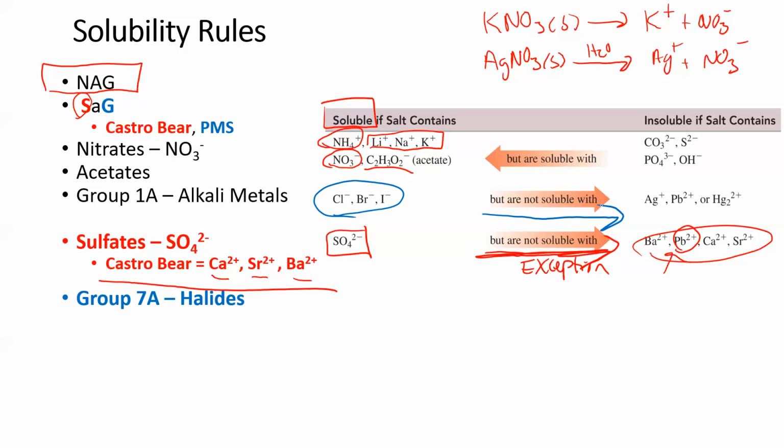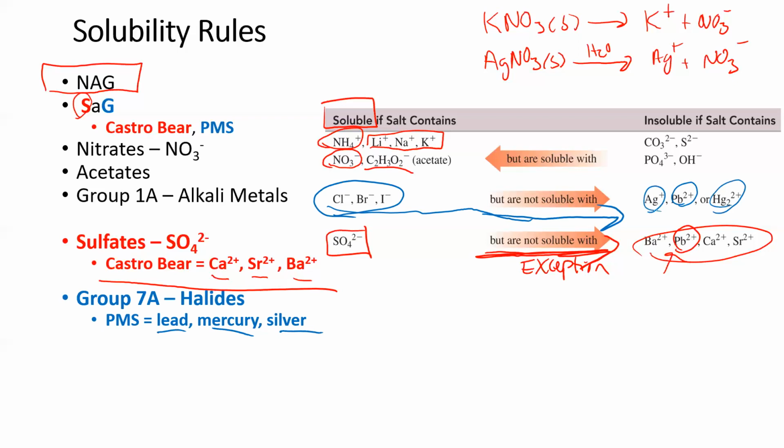Well, that's the other portion of the NAG-SAG castrobare PMS. PMS stands for lead, mercury, and silver. And we see right here with the halides that the exceptions are lead, mercury, and, oops, sorry, I said lead. Let me redo that. Lead, mercury, and silver.